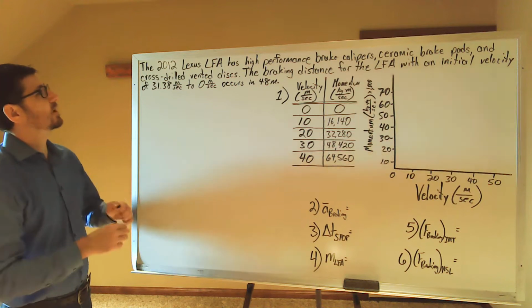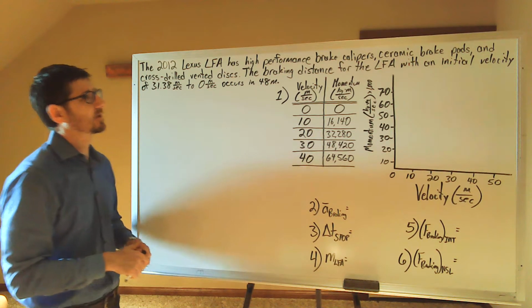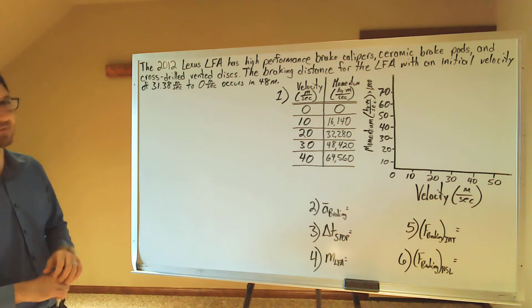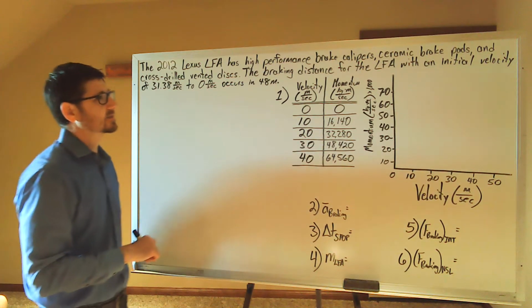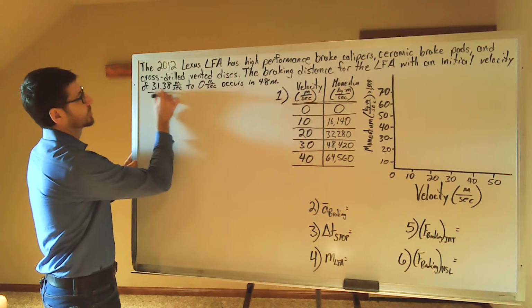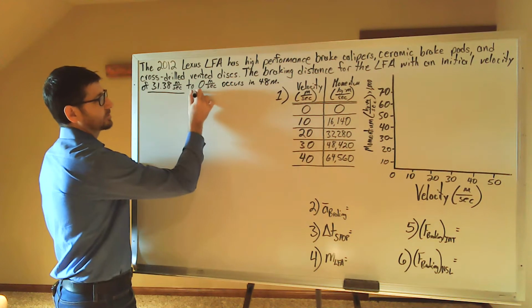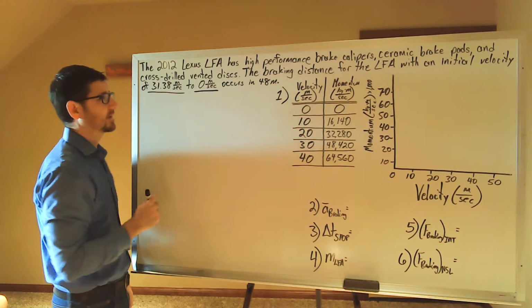The 2012 Lexus LFA has high-performance brake calipers, ceramic brake pads, and cross-drilled vented discs. The braking distance for the LFA with an initial velocity of 31.38 meters per second to 0 meters per second occurs in 48 meters.